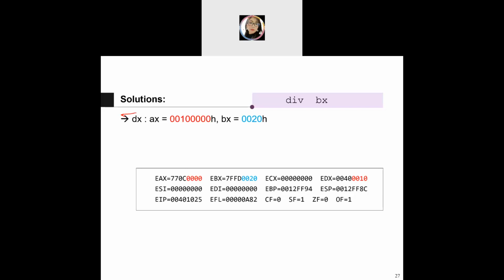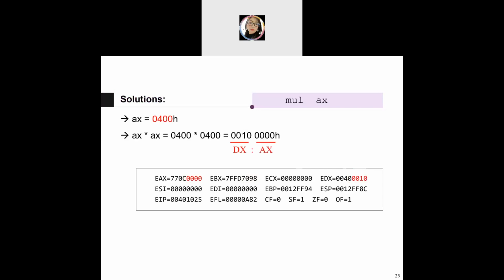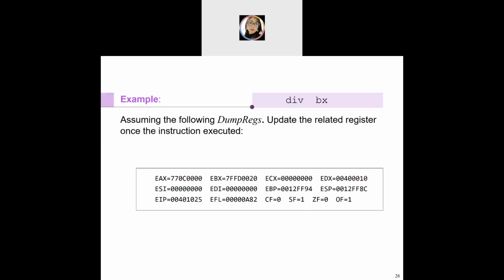So initially you have this value, and our initial value of EAX and EDX is here, which is continuous from this example, only it's updated with the BX value.